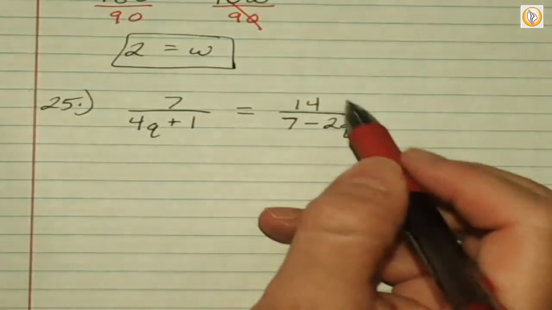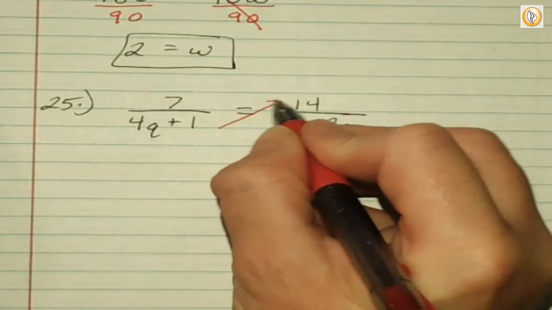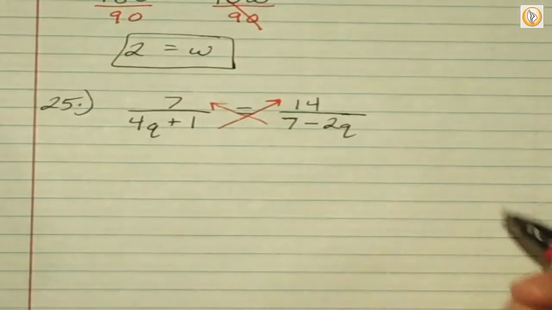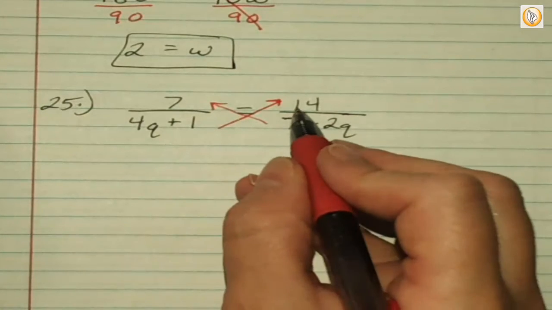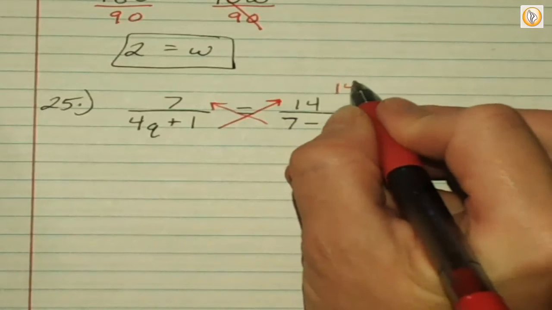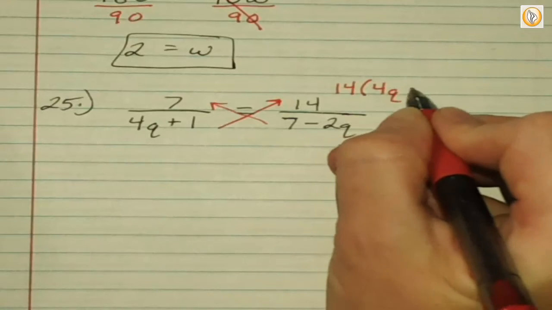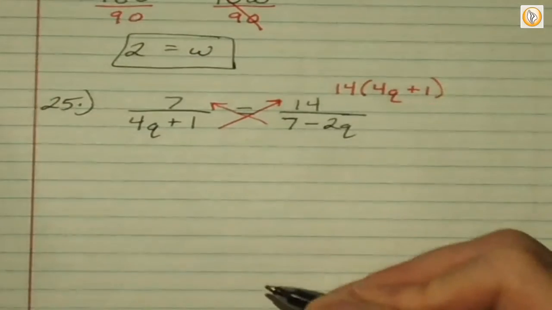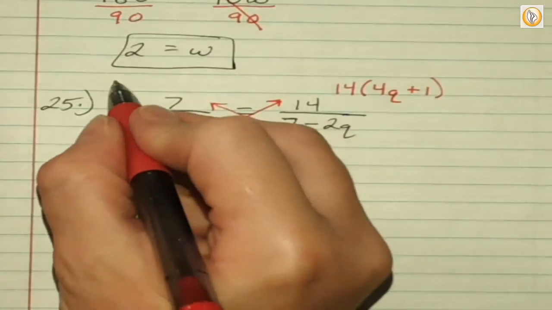I have 2 fractions with an equal sign. So we are still cross multiplying. But this is written as 14 times 4q plus 1. And this is 7 times 7 minus 2q.